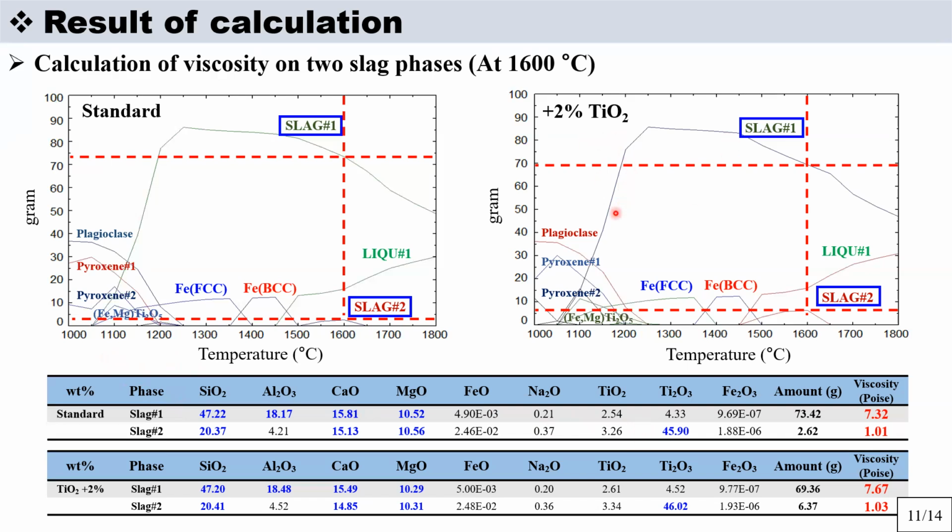In the case of plus 2% of TiO2, the viscosity of slag 1 is slightly increased. On the other hand, slag 2 does not change significantly. And the composition of each slag is similar to standard conditions.